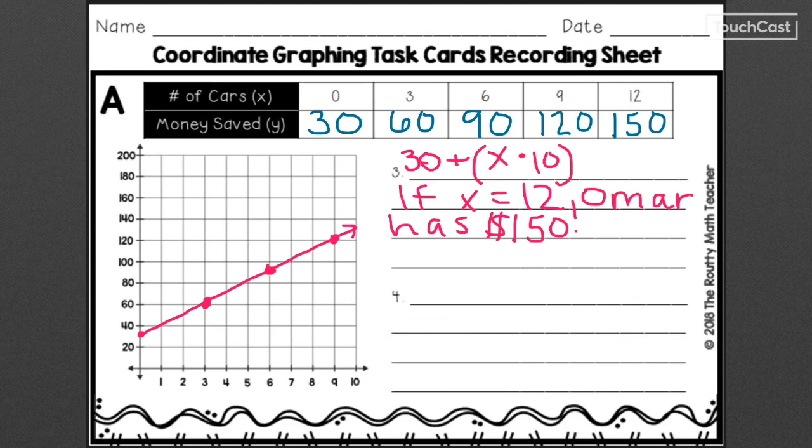I know $150 is bigger than $145. If he were to buy the helicopter when he has $150, how much money would he have left over? Well, he has $150, he buys something for $145, that means he'd have $5 left over, which means he needs to wash 12 cars in order to buy it.